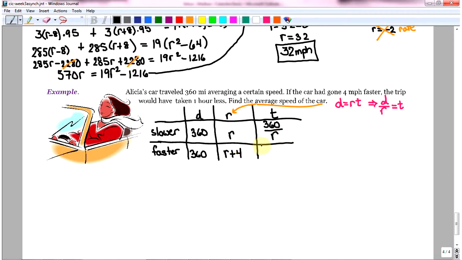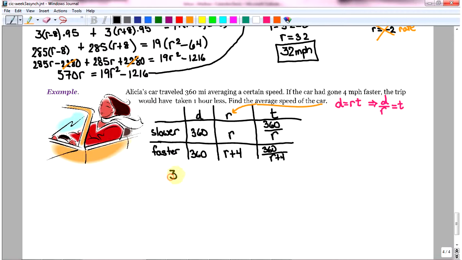And I know that if she went faster, that time would be 360 over our rate, which is r plus 4. I know that that time would be the same as the slower time minus an hour. Okay, so let's write that in an expression.